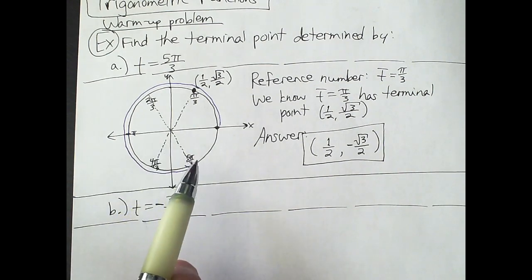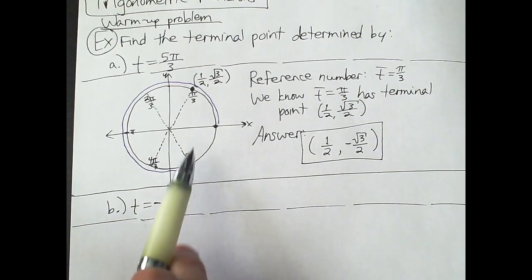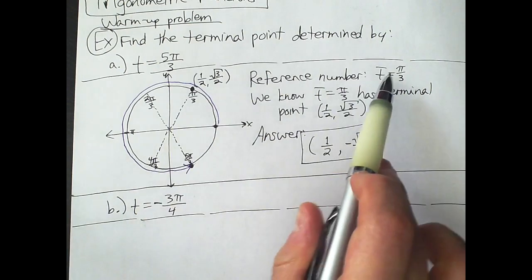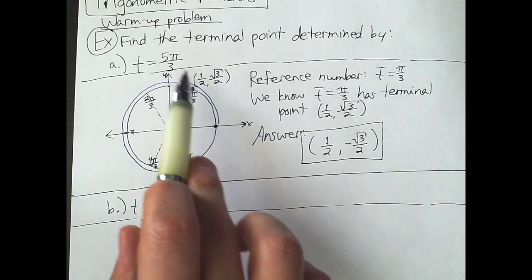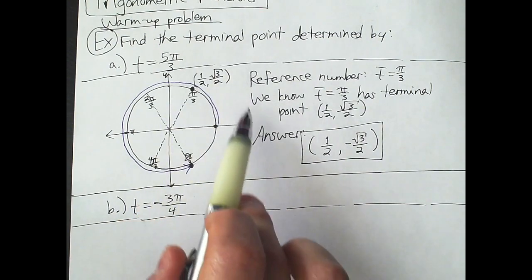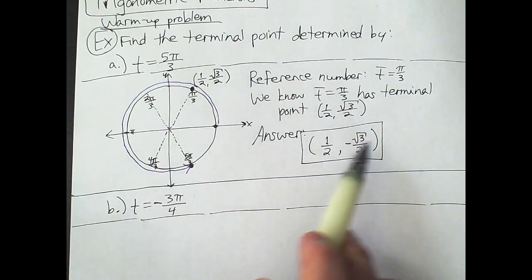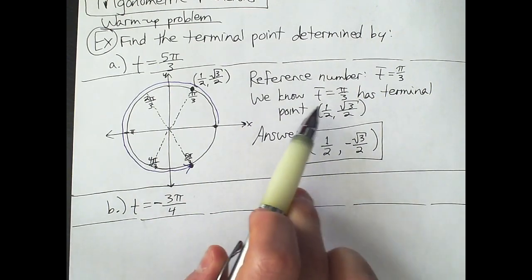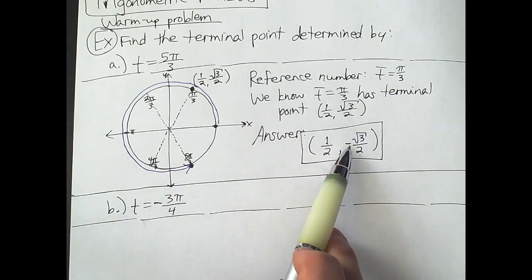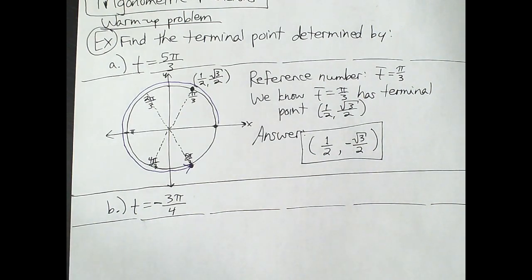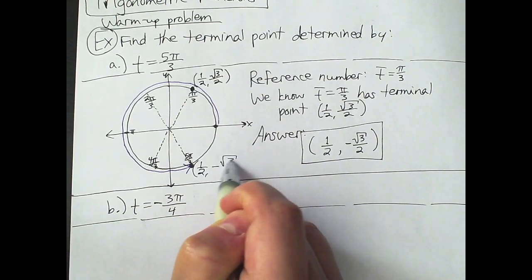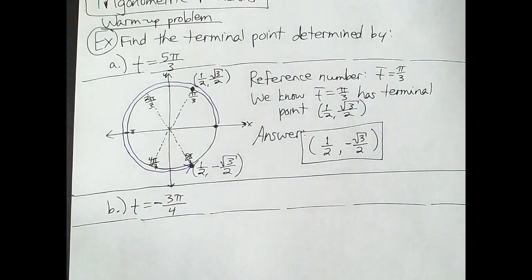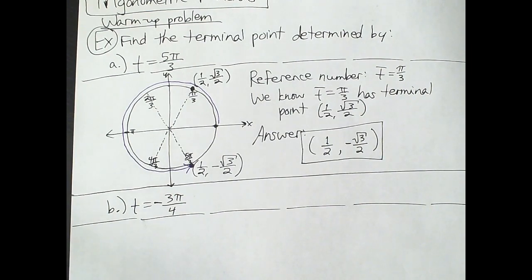But you figure out where on the unit circle you are, you figure out what the reference number is, and then the terminal point for the reference number should be one of our common values, because it's in quadrant 1. And then your answer is going to look like what you already had. You just have to figure out if there's a plus or a minus. And in this case, there was a minus on one of the coordinates to get that to be down here, 1/2, comma, negative square root of 3 over 2. So I'm going to go through the next one a little bit quicker, but that's the general idea.